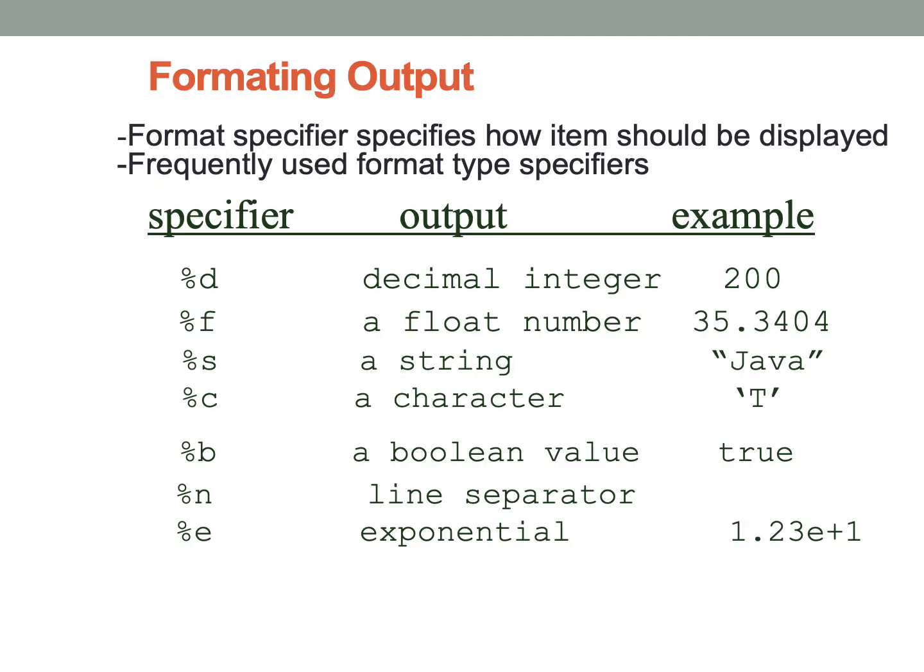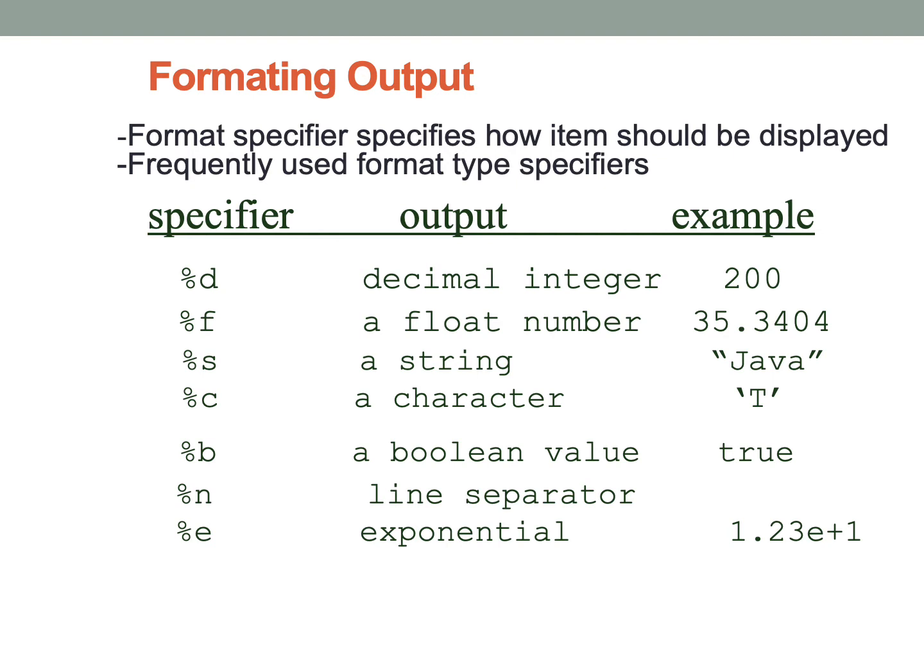Format string is a string with format specifiers. This slide shows the frequently used specifiers. If we have a decimal integer, for example 200, 1, 2, and other numbers, the specifier is %d. If we have any float number, for example 35.34, we would use %f.